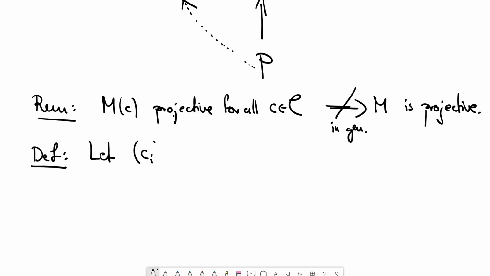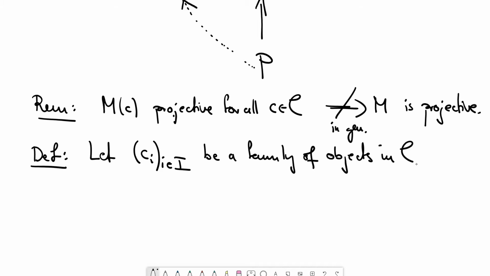Let Ci be a collection of objects in C, and then I can form a module as a direct sum. Again, direct sums of RC modules is also defined pointwise. And I form the following direct sum.